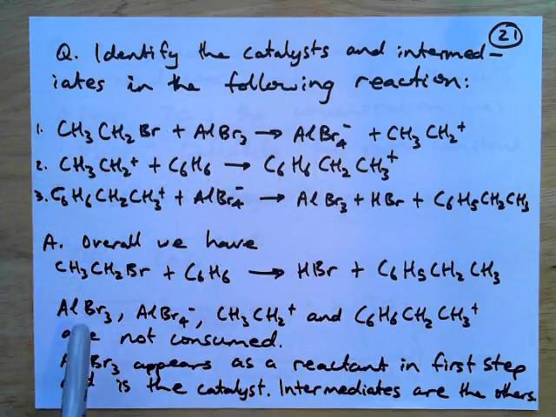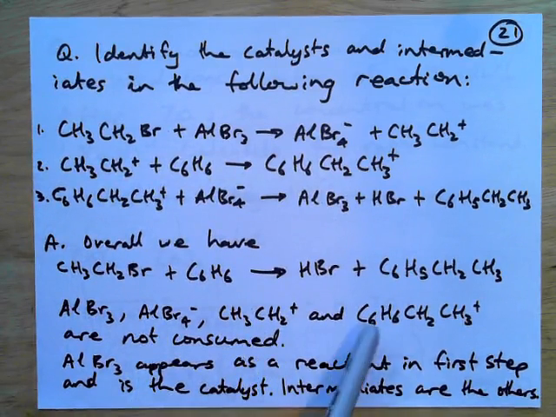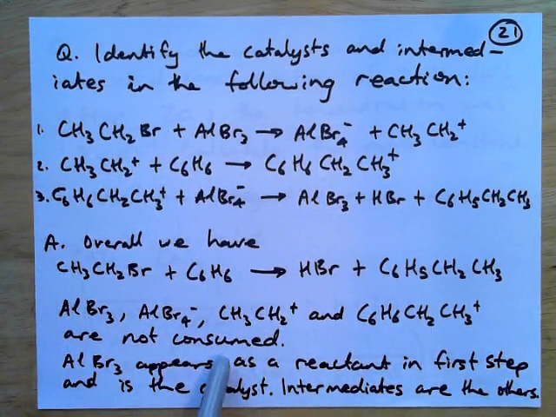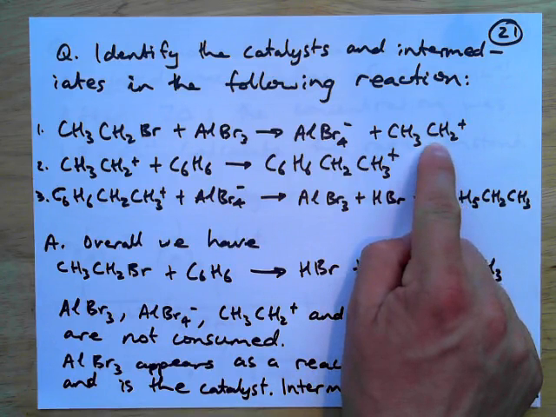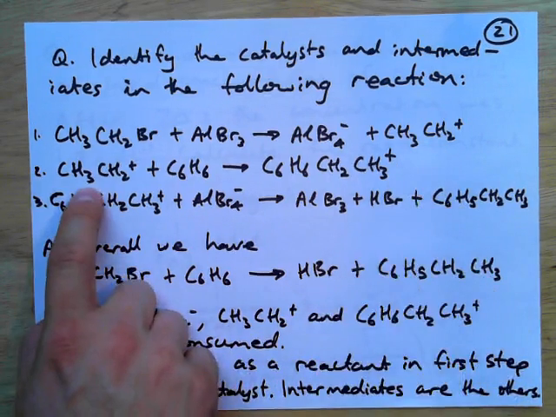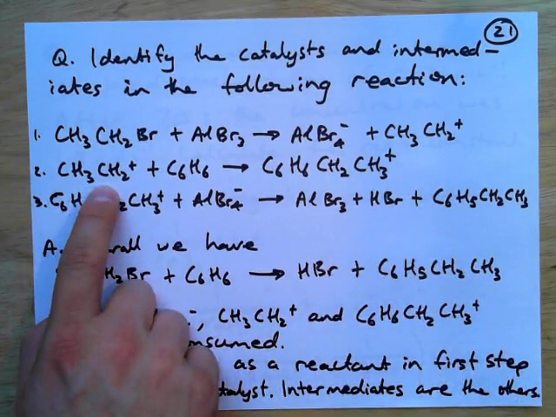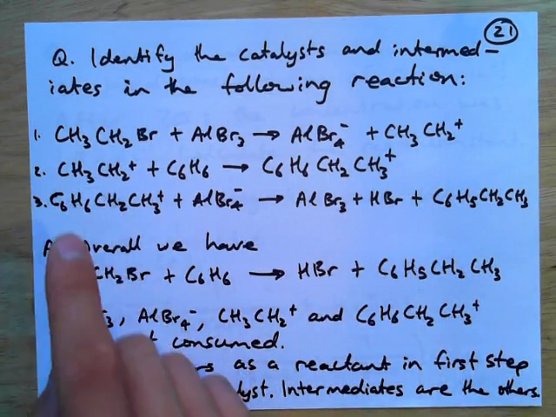So identifying all those species here, they're not consumed. Really, when I say not consumed, they're really not produced in large quantities either. As soon as one molecule is produced, it's immediately used again, so it's not going to be maintained.